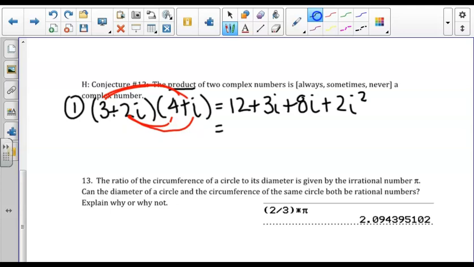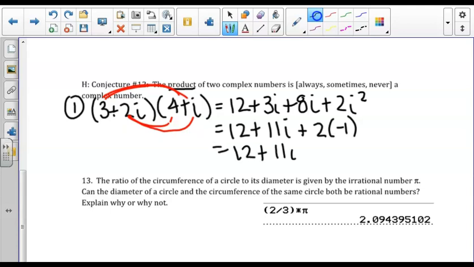If I combine my like terms, I will get 12 plus 11i plus 2i squared. Recall that i squared is equivalent to negative 1. So we can replace that with negative 1, and we will get 12 plus 11i minus 2. 12 minus 2 is 10. So we can simplify this into 10 plus 11i, which is a complex number. If we do more examples where we multiply, we will see that this is always true.